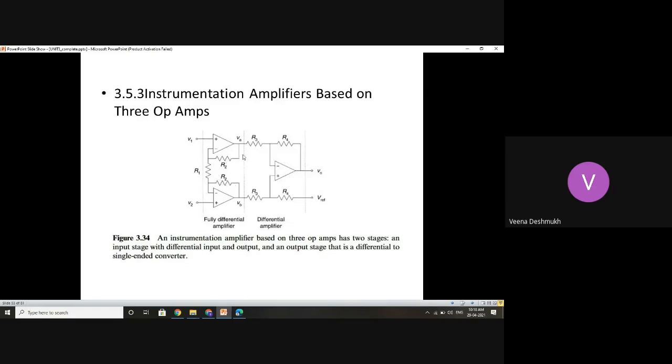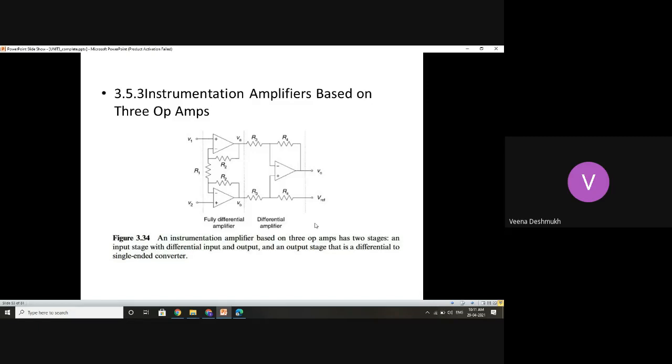The same performance is improved in the second differential amplifier stage, where the comparison of the two voltages, that is VA and VB, with this V reference improves further the gain and CMRR of the entire instrumentation amplifier, which is necessary for any sensing system design.